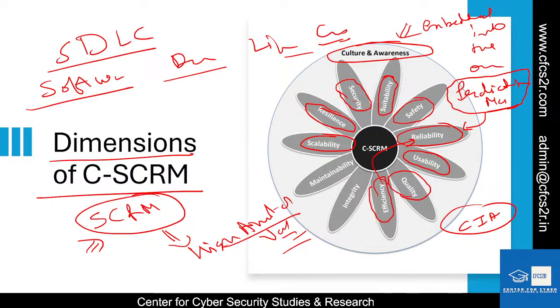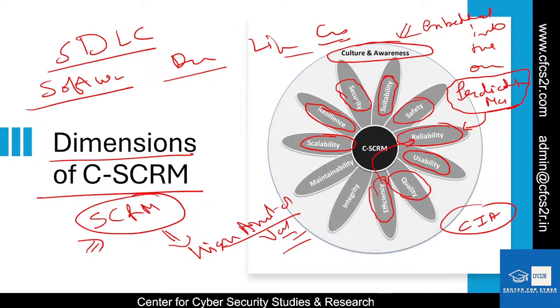The other part is resilience. Resilience is focused on ensuring that a product, service, or anything which is a part of the supply chain supports the organization's ability to prepare for and adapt to changing conditions.